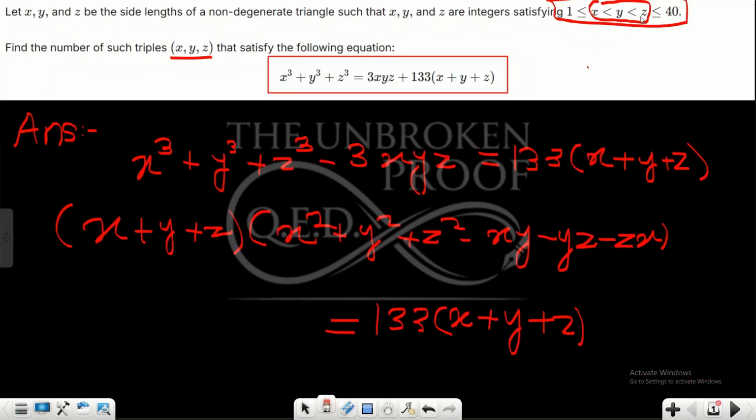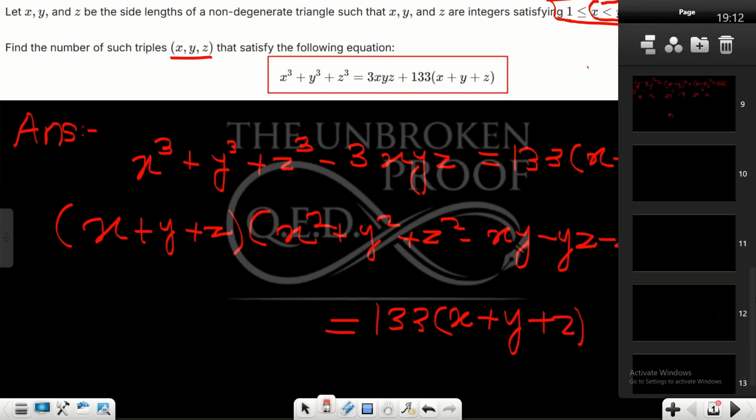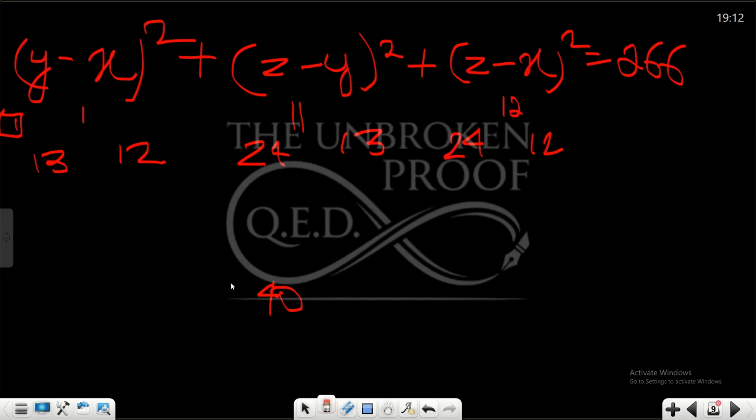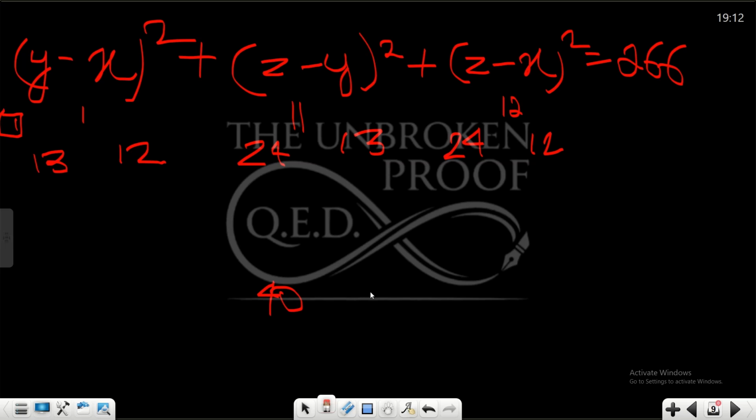So the maximum boundary is keeping z as 40. Now if you keep z as 40, then y should be 29, so that the difference is 11, and x should be 28.